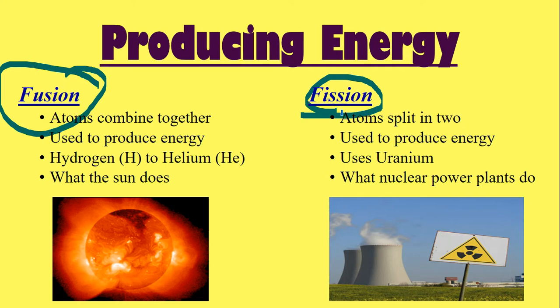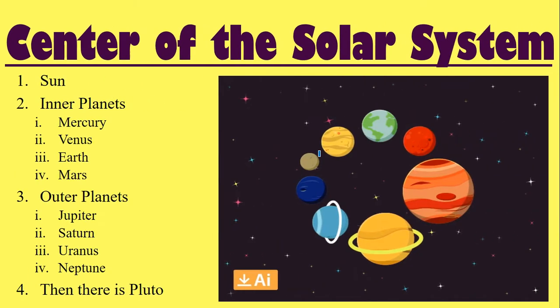This is when we split atoms, and we do this with uranium. We split the atom, and it creates nuclear power at our power plants. We're going to talk more about nuclear power when we get into some of the renewable and non-renewable energies and stuff that we mine out of the Earth's surface.